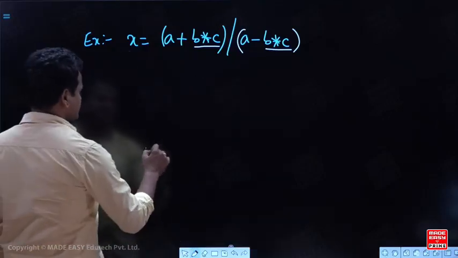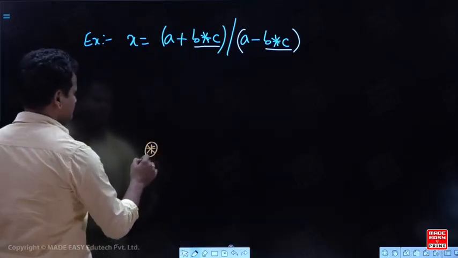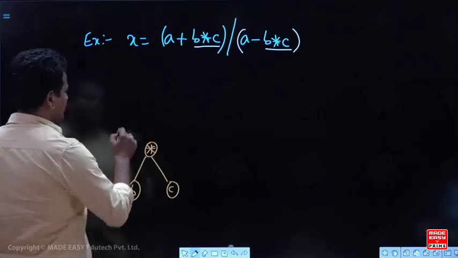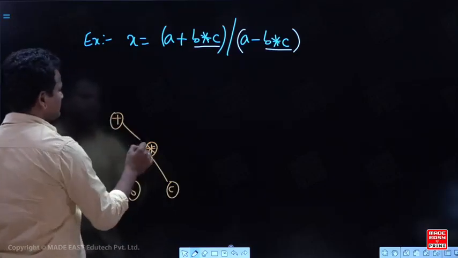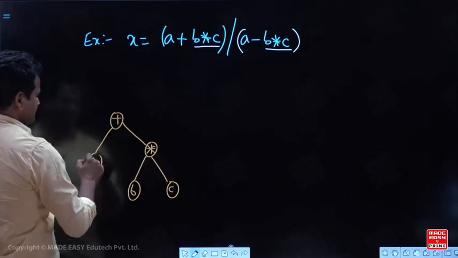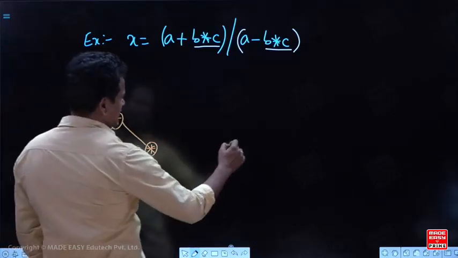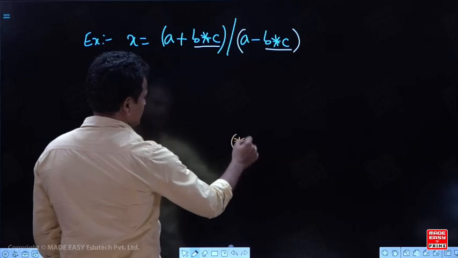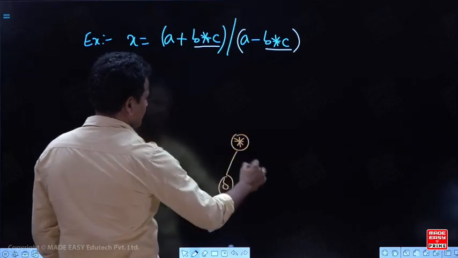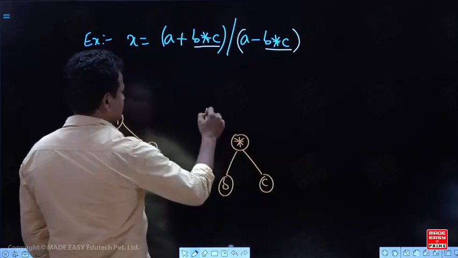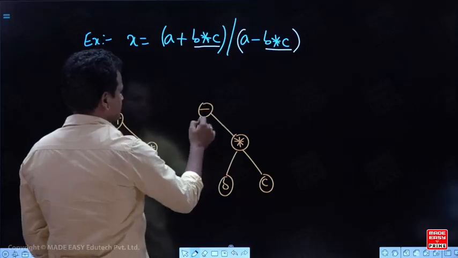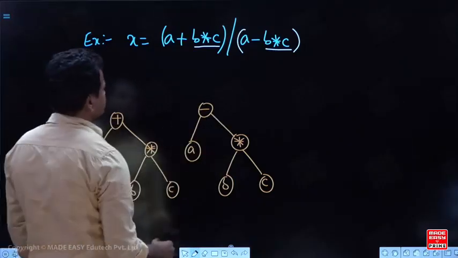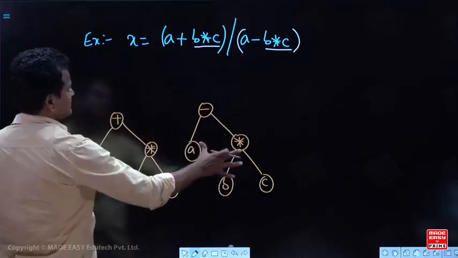What is the parse tree for this? This is B star C, and this is A plus B star C. Okay, A plus B star C, and here B star C, and this is A minus B star C. This is A plus B star C. This is A minus B star C. So this by this.